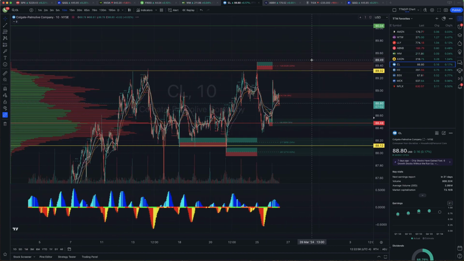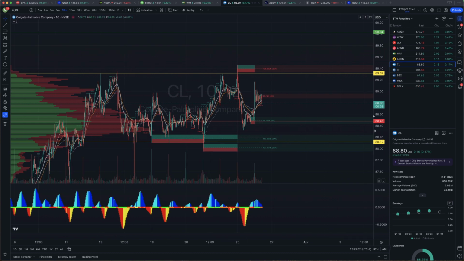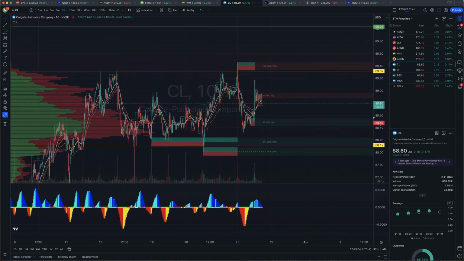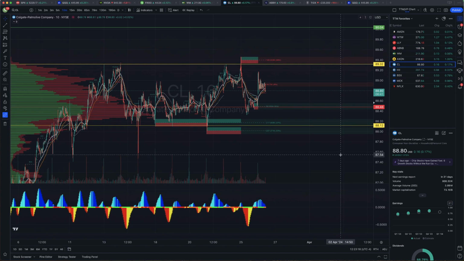On this chart, the way I've drawn it up, where would be a good stop out point? Where does this chart, from what you can see on the screen, break down? Yeah, that's right. 88.12 area, right?